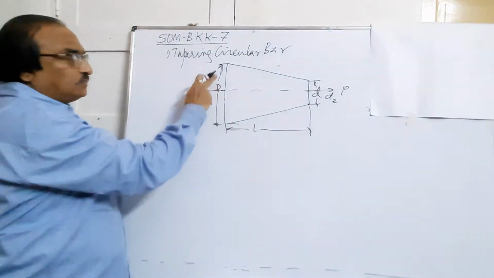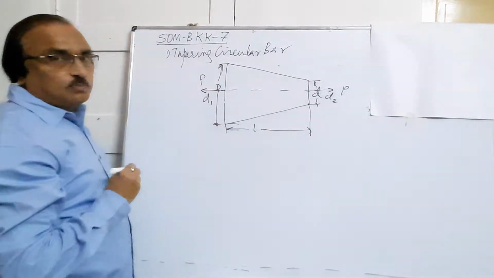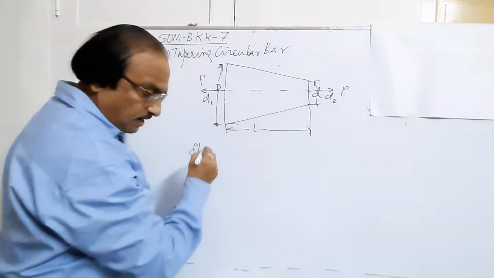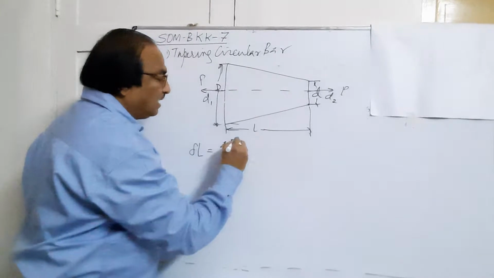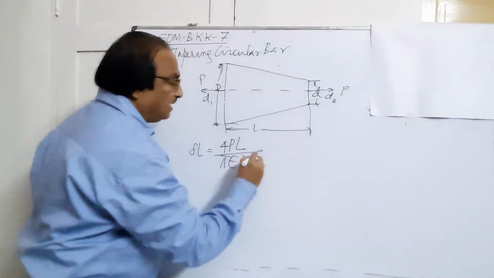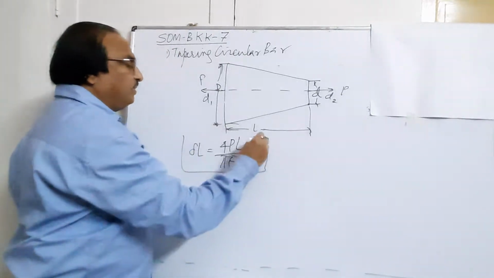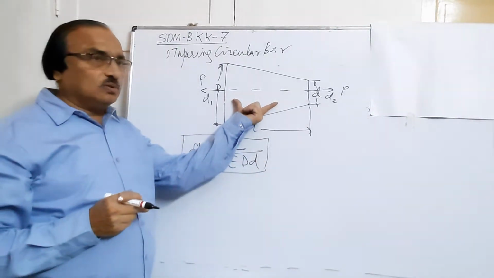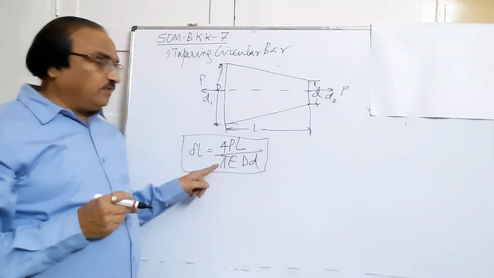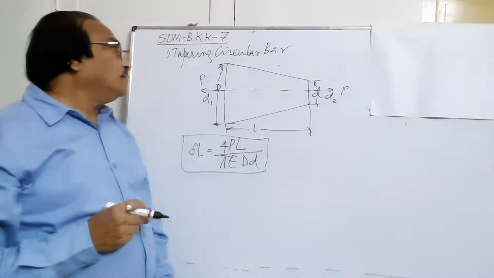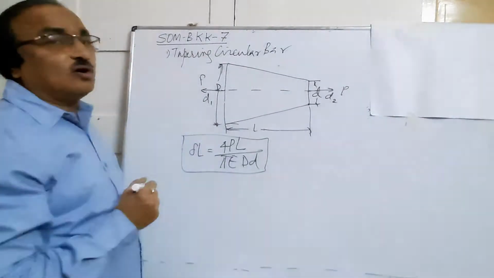Capital D is for the bigger diameter and small d is for the smaller diameter. So the deformation for this is given by 4PL by pi E D d. For this particular member, if you want to know the deformation, you directly use the formula 4PL by pi E D d. Remember this formula. This is for the tapering circular cross section.